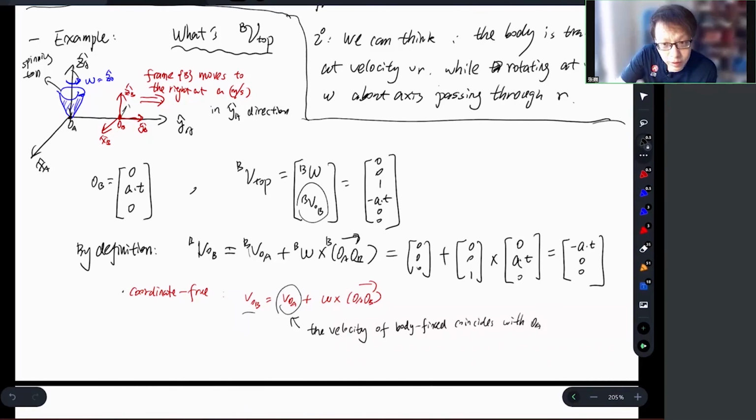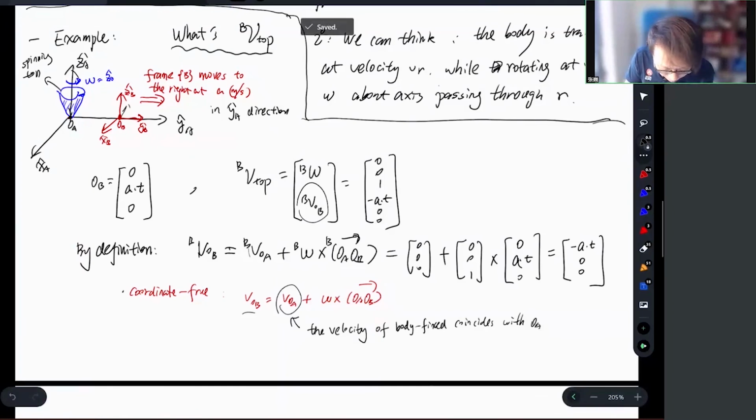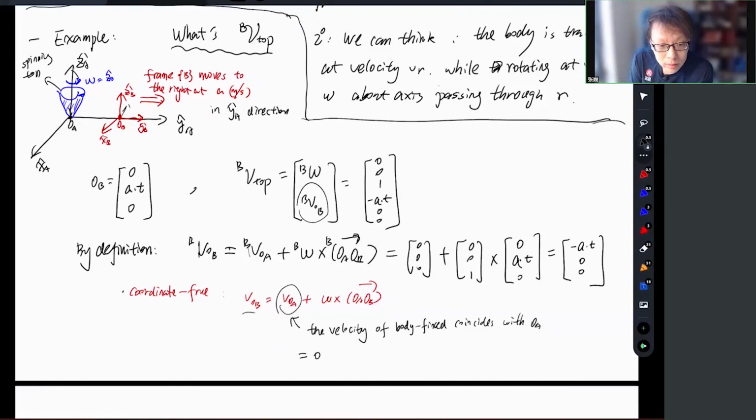So now you think OA is body fixed, right? If it's body fixed, what is its velocity? Student, can you answer my question? I assume you're okay that this is 0. If not, please let me know. This is clearly equal to 0, right? This vector is the zero vector.